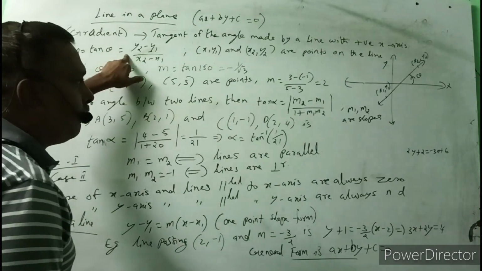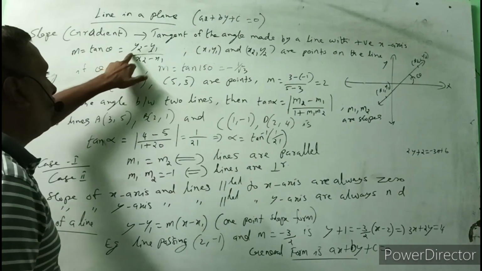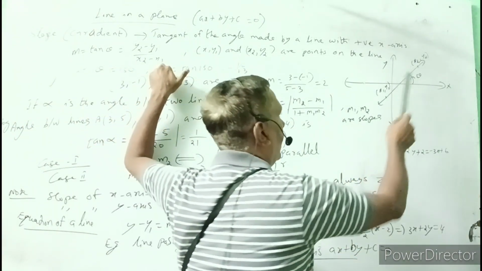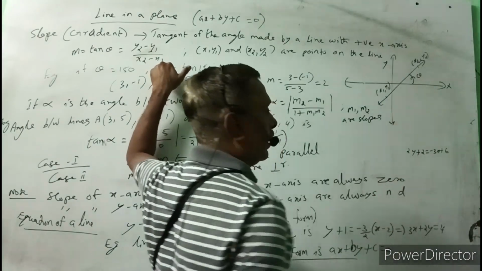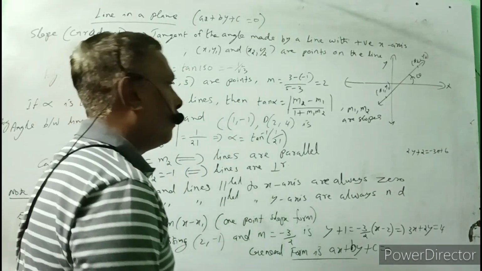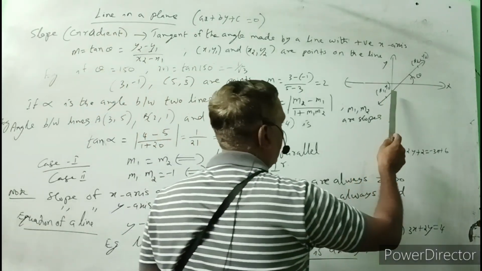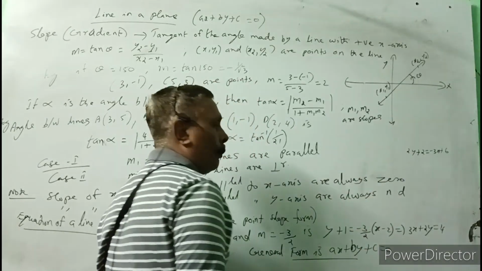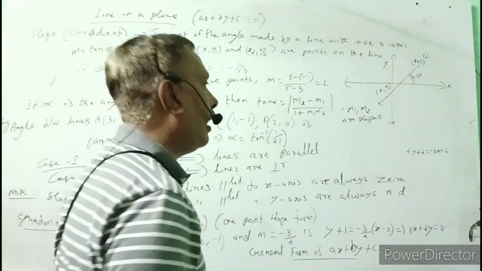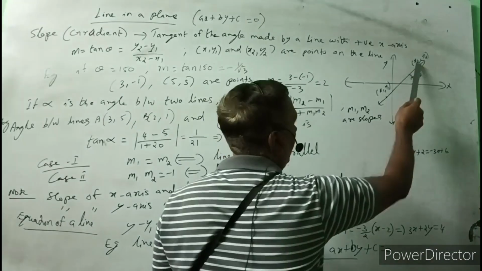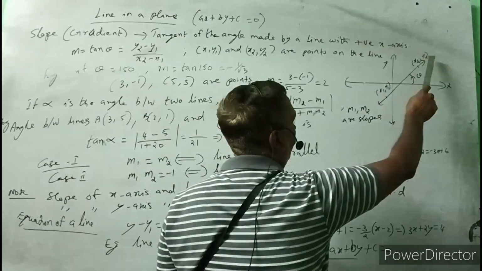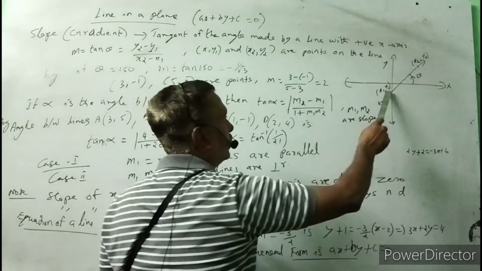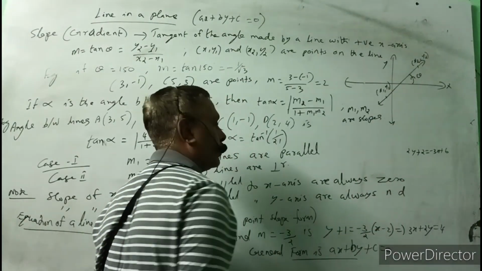It also can be found out using the formula y2 minus y1 upon x2 minus x1, where x1 y1 and x2 y2 are 2 points on a line. Means you can find out the slope of this line with the help of theta by using tan theta, or if 2 points on a line are given, then use the formula for slope: y2 minus y1 upon x2 minus x1.